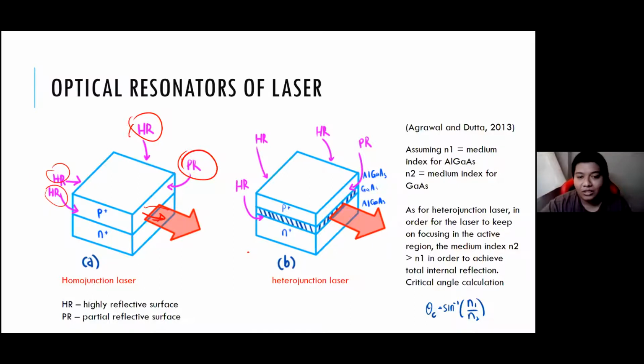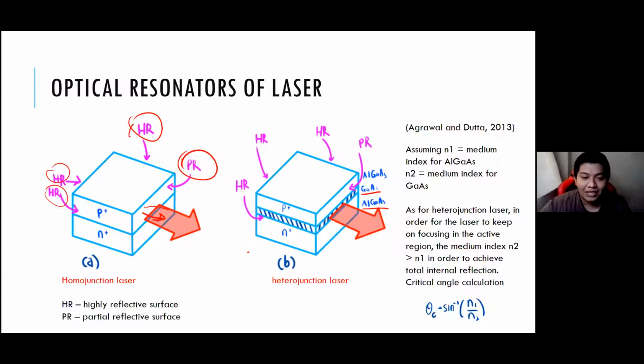But the heterojunction laser is a little bit different. For example, here we have aluminum gallium arsenide, and the middle layer is gallium arsenide. The difference is that the material in the middle should be higher in density.